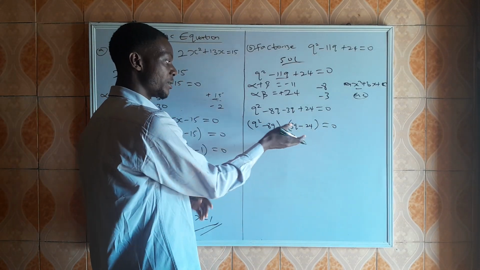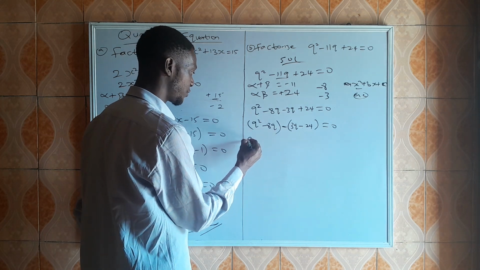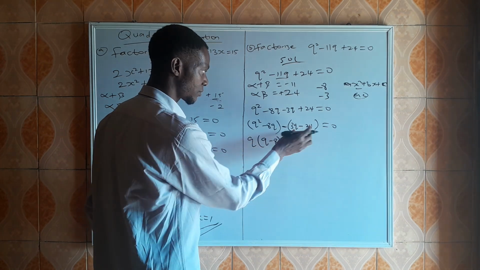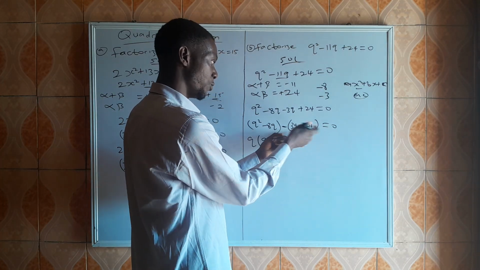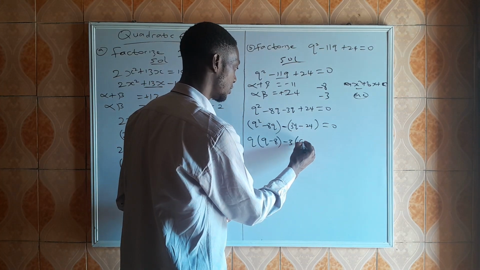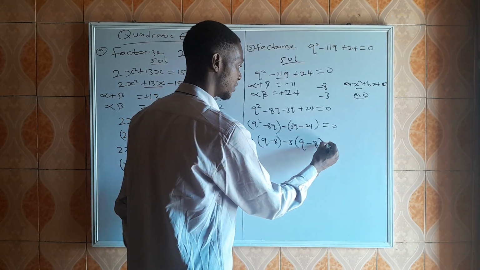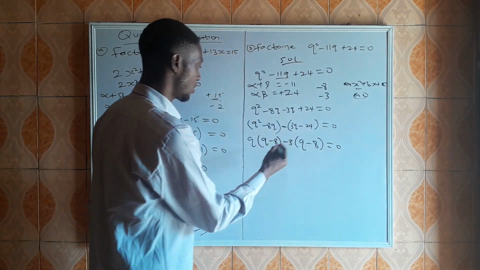Now let's get the common value here. We have q times q minus 8. And the common value here, 3 can go in both. So you have minus 3 times q minus 8, since 24 divided by 3 is 8. So you have equals 0.